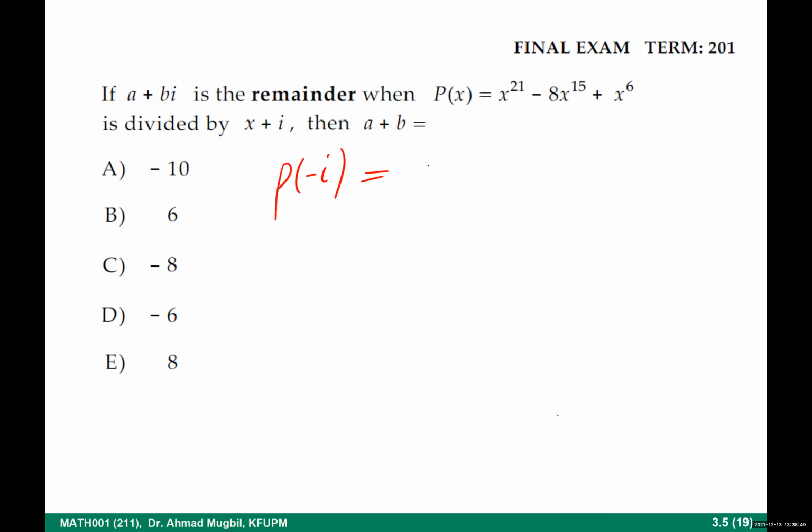It should be equal to the one that you are looking for. So a plus bi will be equal to the value of the function at negative i. You will just substitute. You can continue doing this, right? Did we solve it before? Yes, I think we solved it. So you can continue. I will leave it for you. Let's go to the next one.